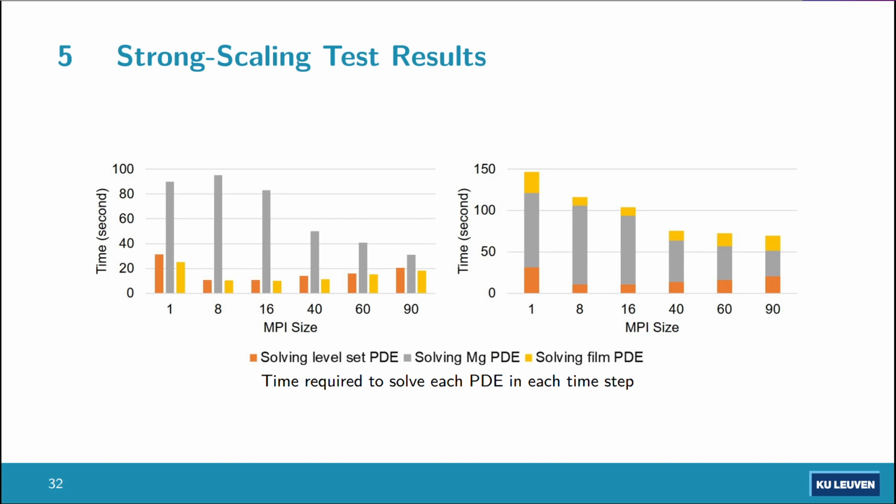But we also perform a strong scaling test in which you keep the problem size constant and increase the computational resources, in this example available MPI nodes. And we can see that by increasing the available MPI nodes, we have a decrement in the runtime, but it's not very efficient.